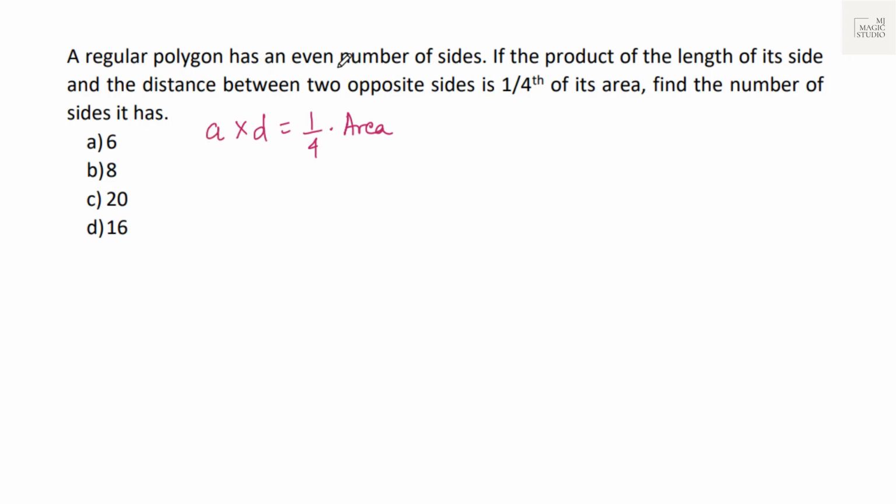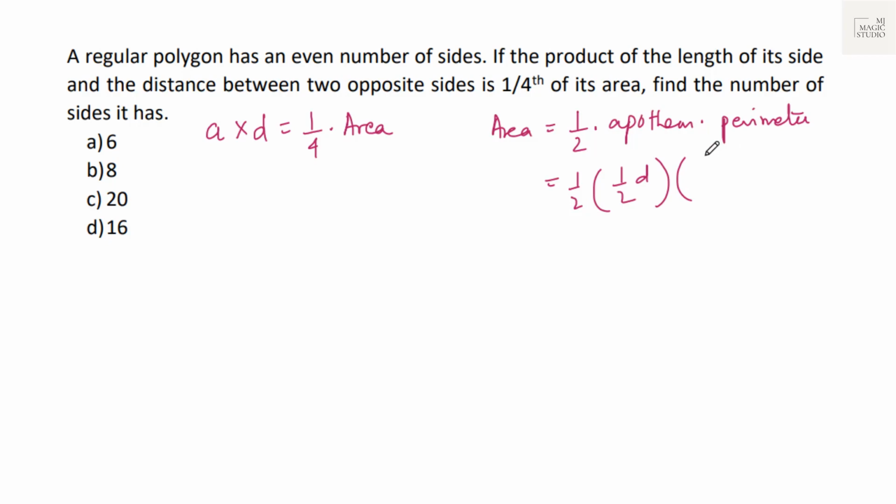In case of a regular polygon with even number of sides, area of polygon is given by half into apothem into its perimeter. Apothem is half of the distance between two opposite sides, and perimeter, suppose there are n sides, then perimeter is n into A. So A into D equals 1/4 of area.